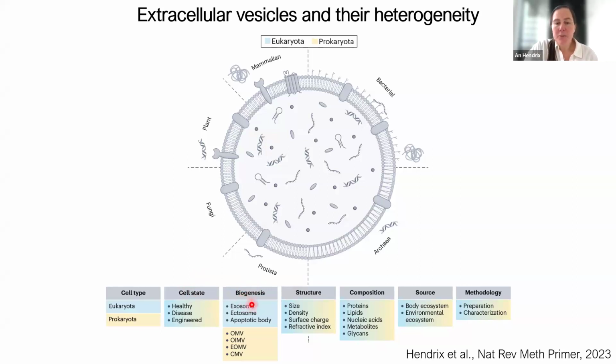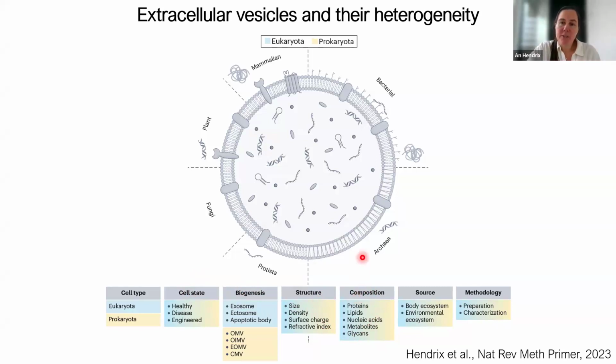And this, of course, results in vesicles that differ in their structure, so they vary in size, density, surface charge, and refractive index, but they also widely differ in their composition in terms of proteins, for example, and nucleic acids.